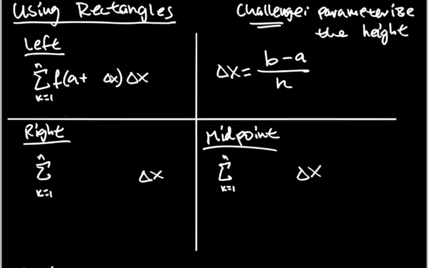In this case, I'm going to have us add k minus 1 times delta x, because in the end, we're going to get n minus 1 of them, right? That's what we saw up here.